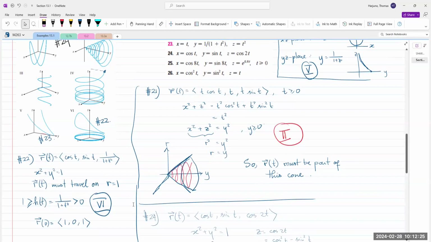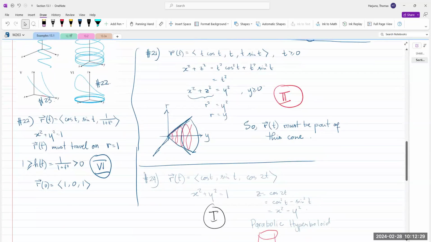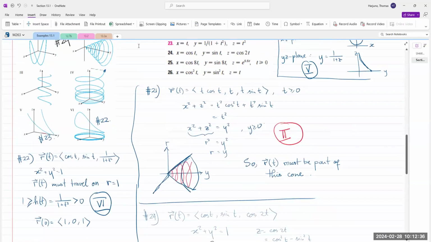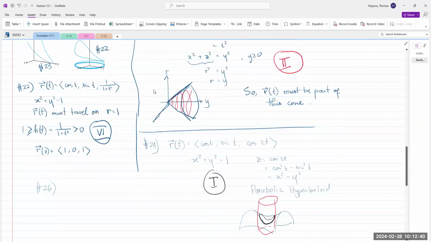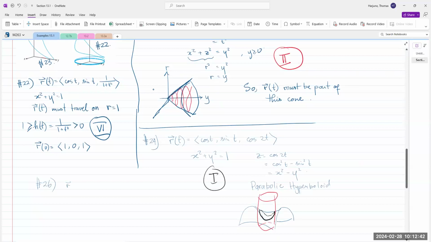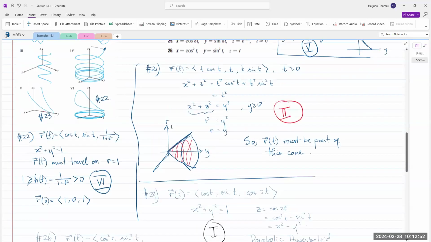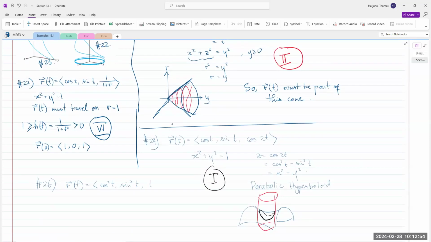Okay, let me jump to number 26. Number 26, we have r(t) is cosine squared t, sine squared t, and then t.